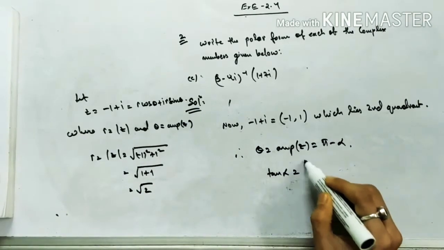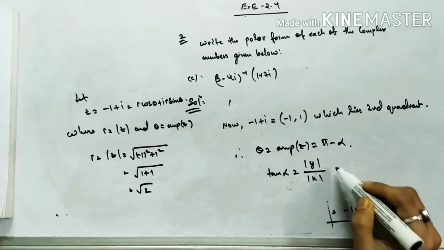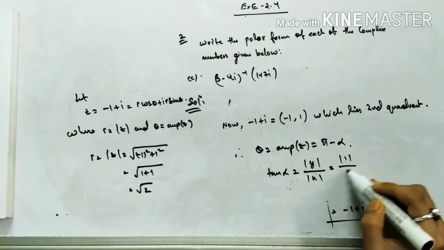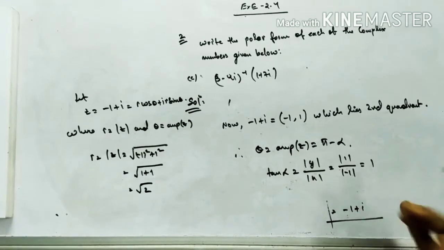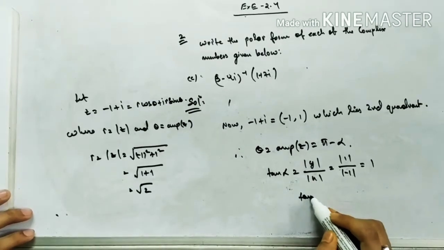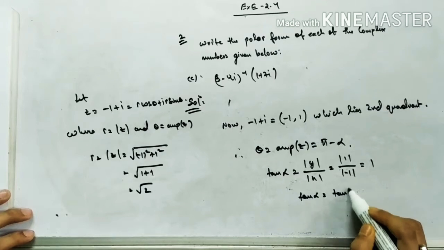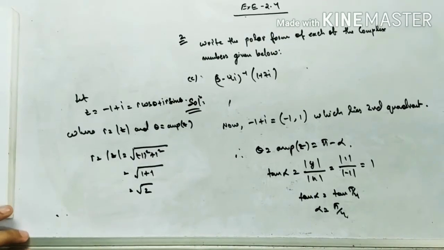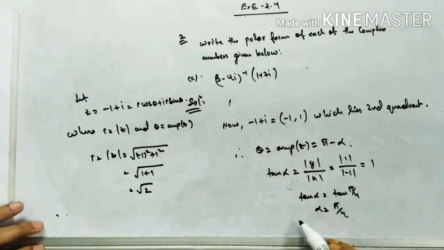So tan alpha is equal to modulus y by modulus x, which is 1 by modulus of minus 1, equal to 1 only. So tan alpha is equal to 1, so alpha is equal to pi by 4 you got.